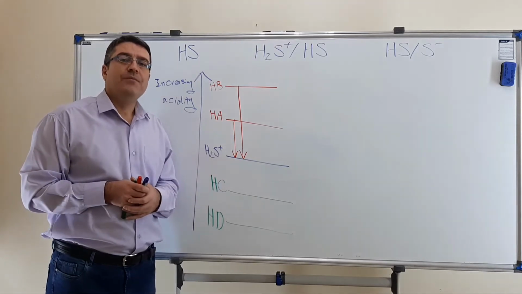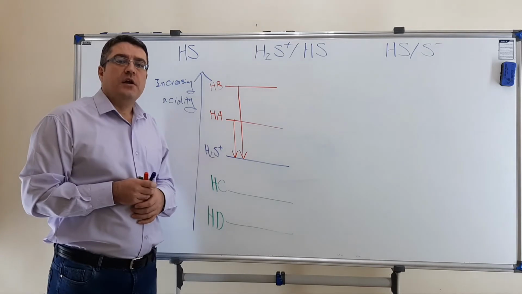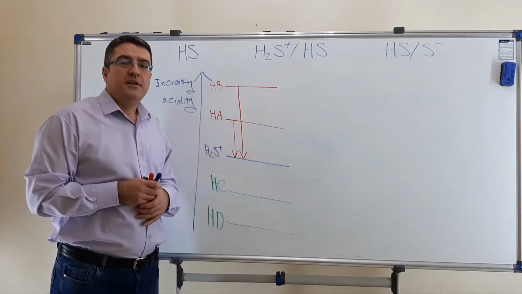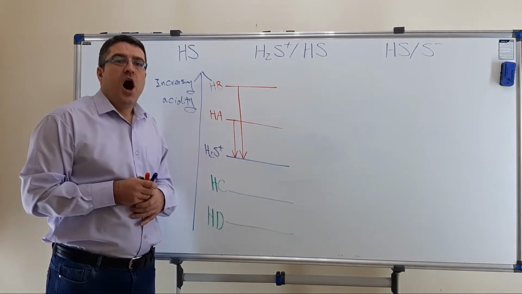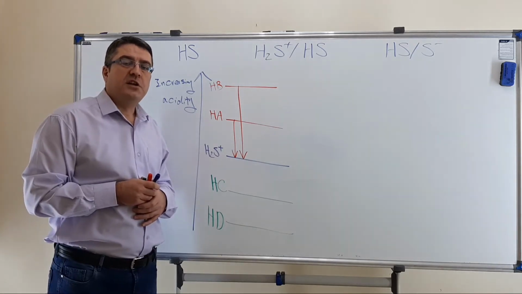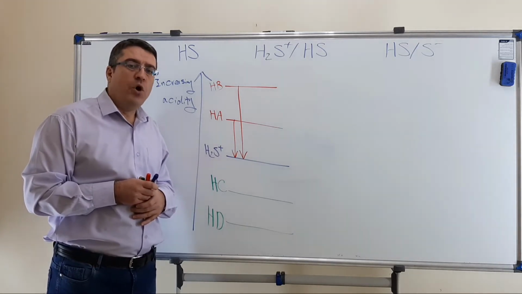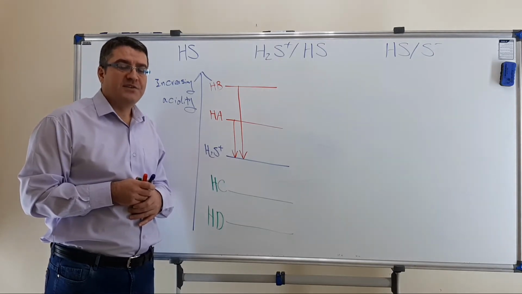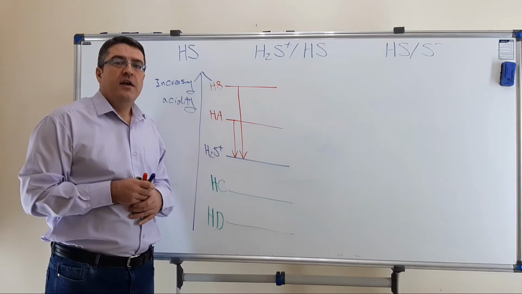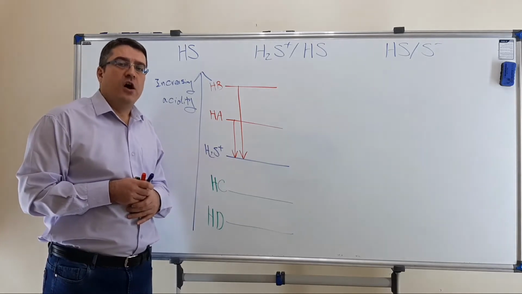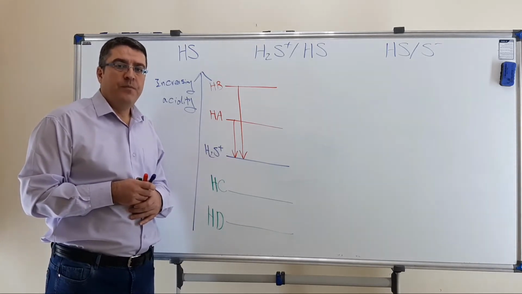For example, in water, H2O, the strongest acid that we can have is the hydronium cation, H3O+. In ammonia, NH3, as the solvent, the strongest acid that we can have is the ammonium cation, NH4+.